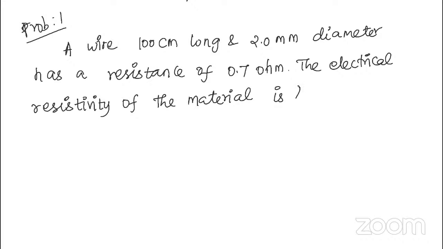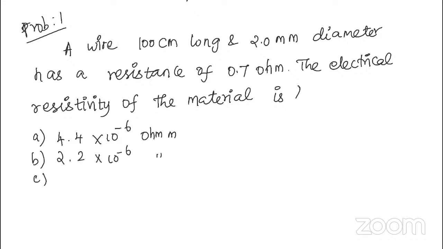Okay, right? They have given the options. Option A is 4.4 into 10 power of minus 6 ohm meter. Option B is 2.2 into 10 power of minus 6 ohm meter. Option C is 1.1 into 10 power of minus 6 ohm meter.